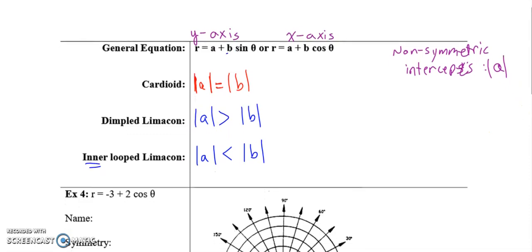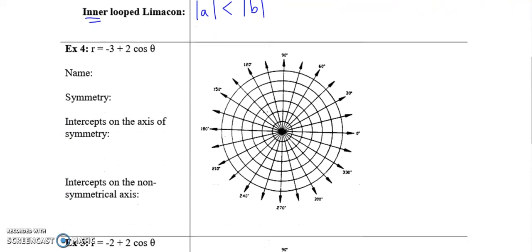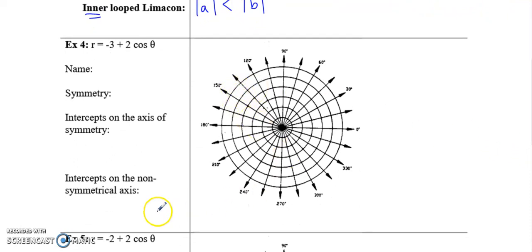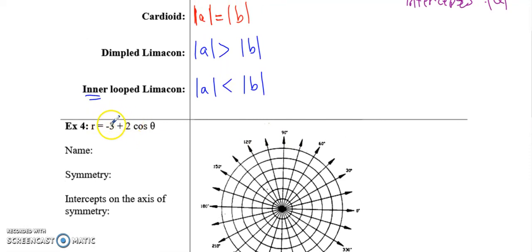Okay, so let's go ahead and work with this one. What is this? It's not a cardioid because A and B are different.